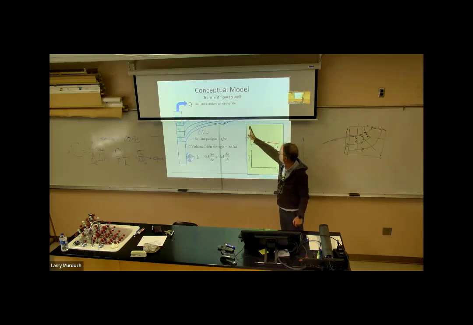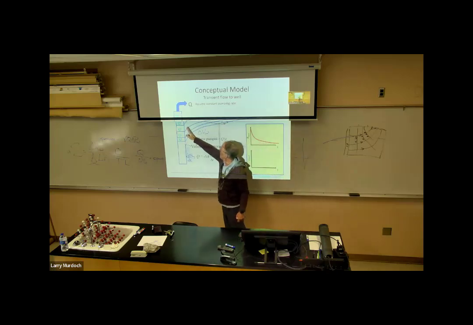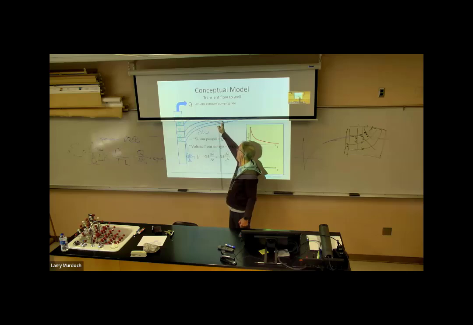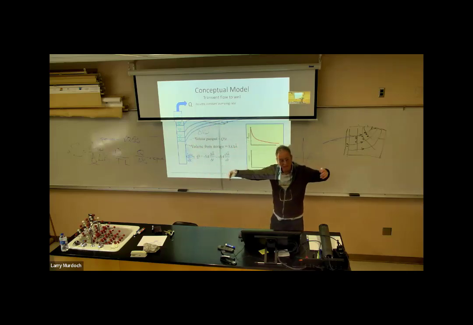So this starts out steep. We have to drop the head rapidly at first, but then the more we pump, the bigger this area gets. And if we're affecting a very large area, then we only need to drop the average head over that area by a small amount compared to when we're affecting just a much smaller area.